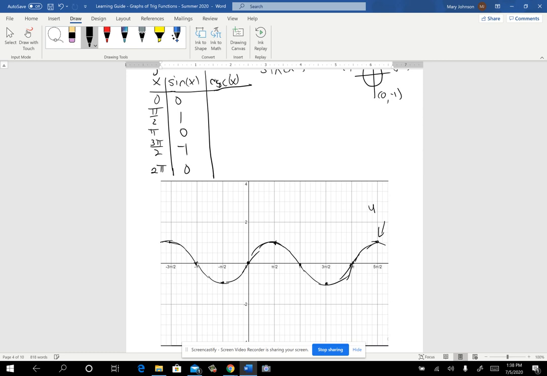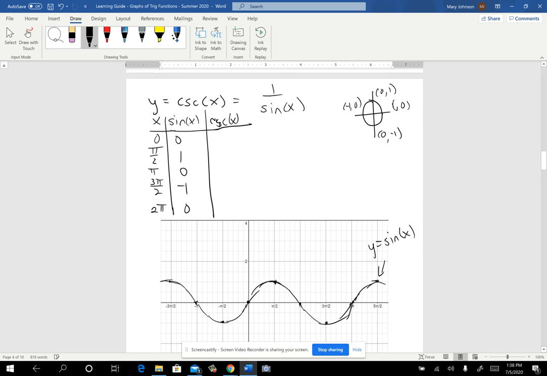So this one right here is y equals sine x. My real job was to do cosine x. I'm going to do that in red. I had you do one in pencil and one in pen. Whenever you graph cosecant, you typically graph the sine function first, and then you do the cosecant, making use of the picture you already have there for sine.